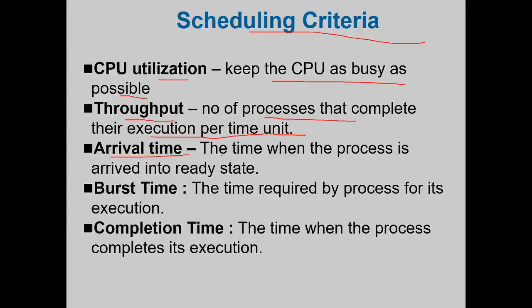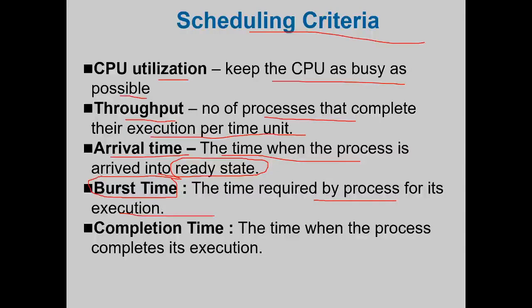Arrival time: the time when the process arrives in the ready queue. The time is very important here, when the process comes into the ready queue and for how long it waits there. So arrival time is also very important to select the processes. Burst time: the time required by a process for its execution, the total time that the process will take to complete its full execution.